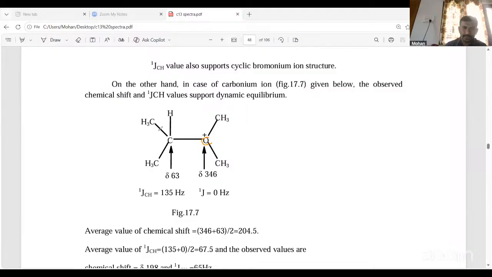So generally for this compound, how many non-equivalent carbons are there? Here these two are the same. These two methyls are the same, and these two methyls are the same here.